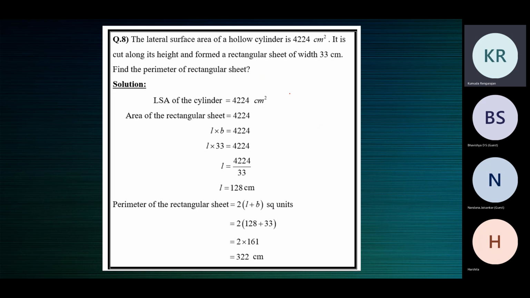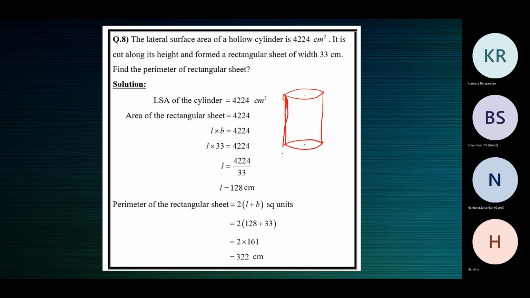Now just try this. The hollow cylinder is open on the top and open at the bottom. If you cut it open and spread it, it will be a rectangle.